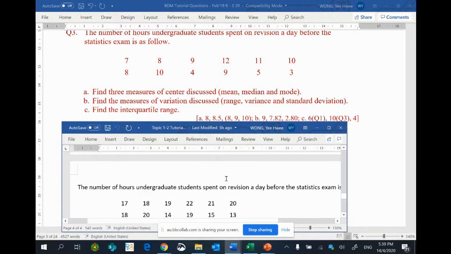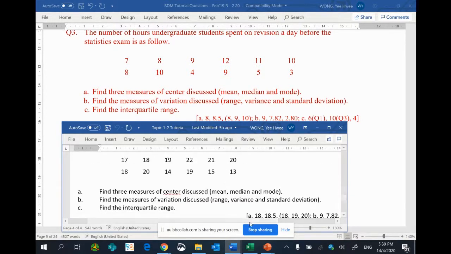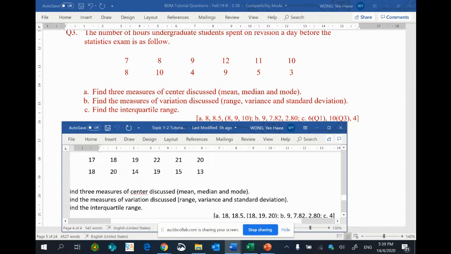Correct? Do you notice the answer? In this set of data, the mean is 8, the median is 8.5, and the mode is 8, 9, 10. In this set of data, the mean is 18, the median is 18.5, and the mode is 18, 19, 20.